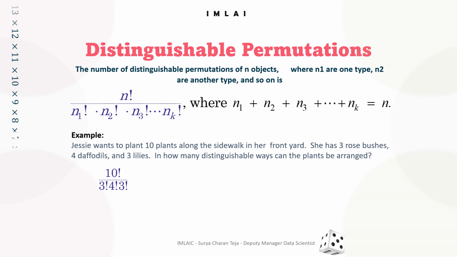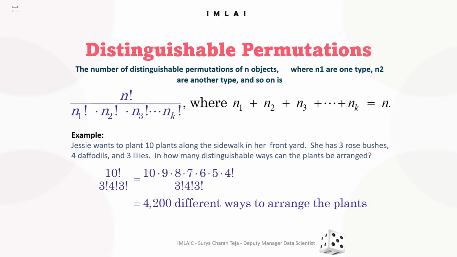So 10 factorial, since she wants 10 plants along the sidewalk, divided by 3 factorial for n1, 4 factorial for n2, and 3 factorial again for n3. Doing the respective calculation, it's 4200 different ways to arrange the plants.